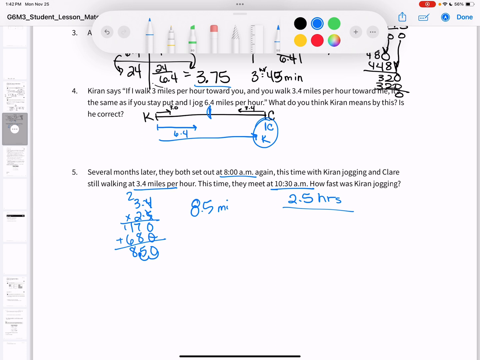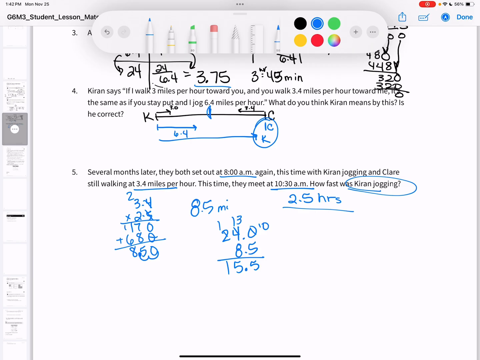All right, now we need to subtract from the total 24 miles that they have to travel. Okay, so that's 15.5. So Kieran travels 15.5 miles in 2.5 hours.